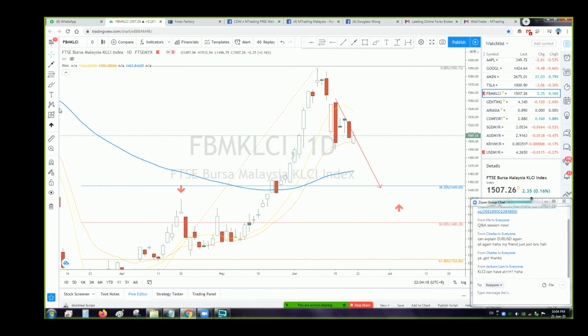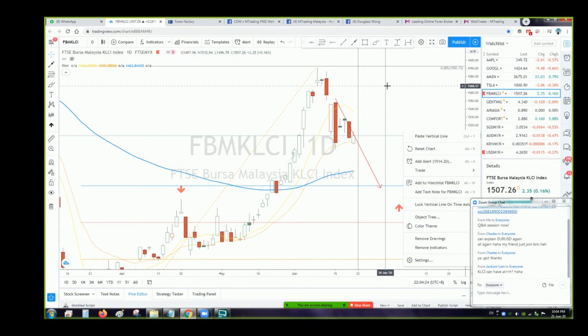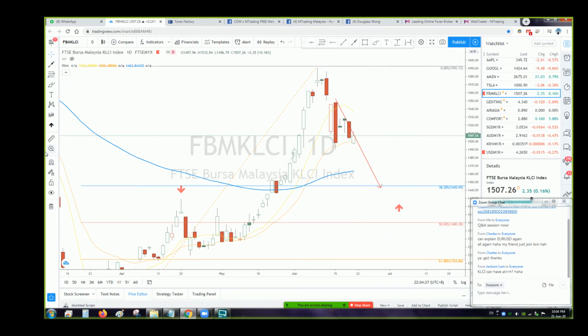Imagine, for example, price retests like 170, and then we see how it goes.